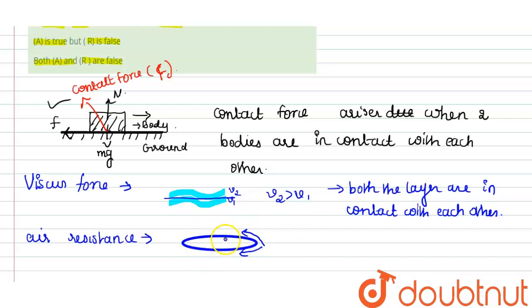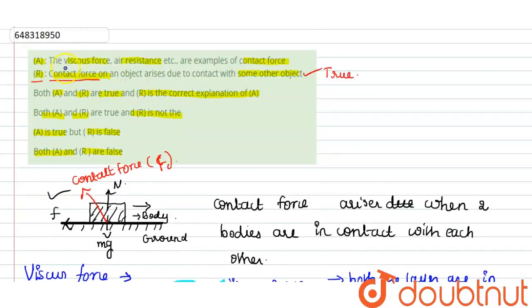There is contact between the air and this object, hence this is also an example of contact force. Hence we can say that viscous force and air resistance are examples of contact force. So this statement is also true.